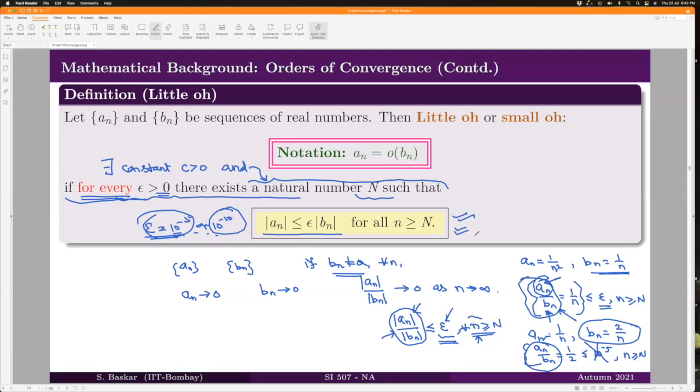An should go at least as fast as bn, whereas small o demands a stronger condition, that an should go faster than bn. So small o implies big O because it is already sitting in the condition of big O, whereas big O does not necessarily imply small o. Okay, the example is the second example.